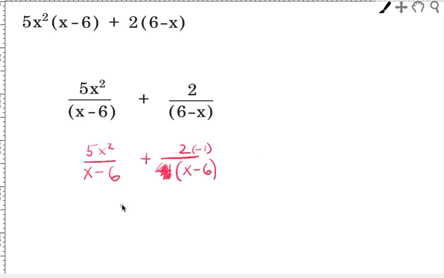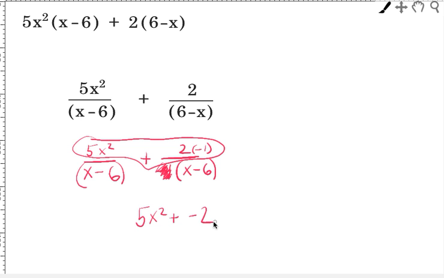And so what we have here is similar denominators, identical denominators, and so we can follow the arithmetic on top. And this is a chapter 6.2 problem, rational expressions. I follow arithmetic on top, and I get this plus a -2, and on the bottom I have my x minus 6.